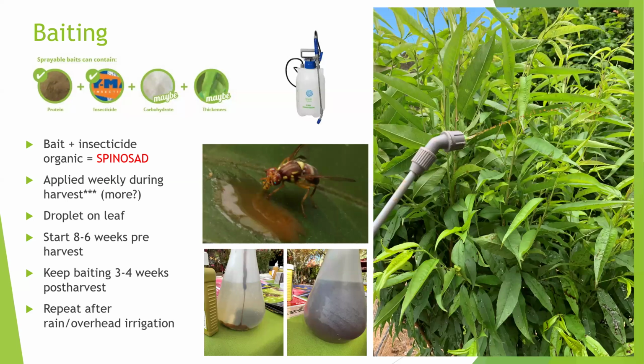Once she's pregnant and she's full of eggs and she's ready to go, she's not interested in the bait at all. All she wants to do is find that right bit of fruit. So baiting has to be done on a program, a weekly program, and baiting has to be done area-wide in conjunction with, I would say, a township as opposed to a few neighbours here and there.